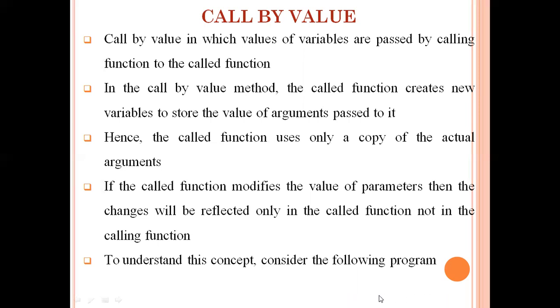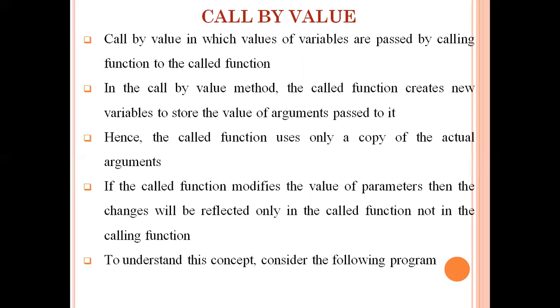That is, the values are not directly passed to the called function. Instead, the called function copies the values of the variables passed by the calling function and stores them in a new variable created inside the called function definition.